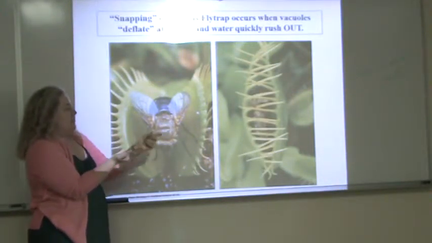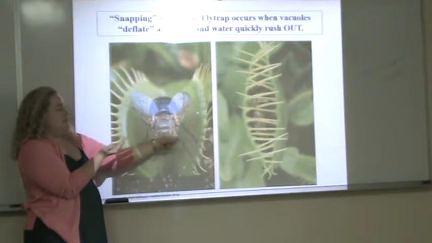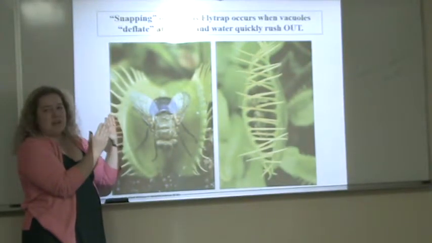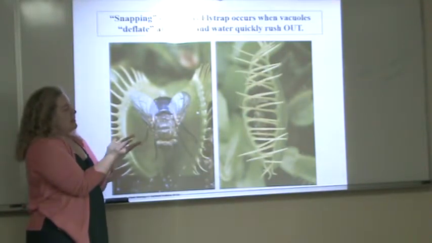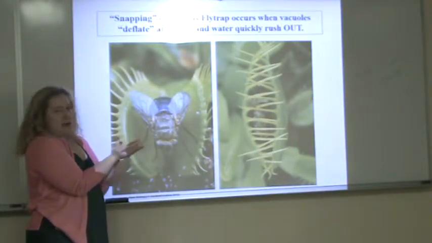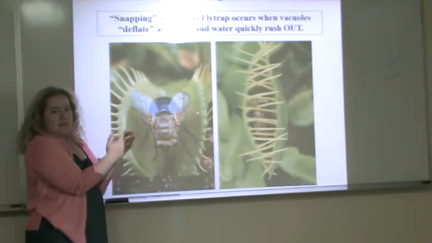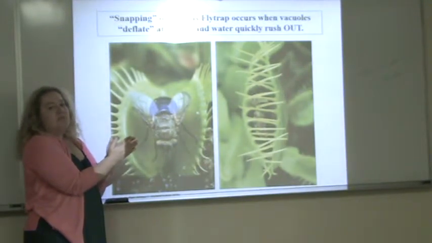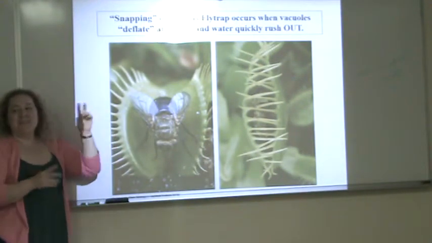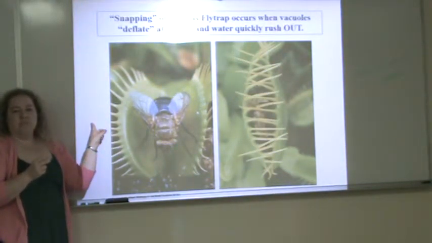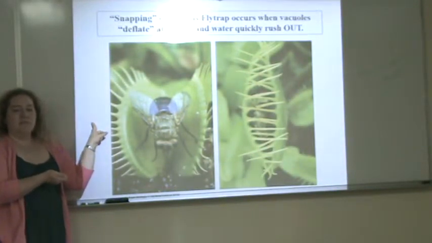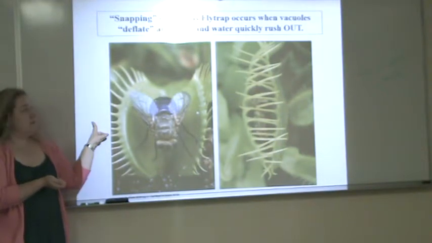When they get a signal from this fly stepping on 2 individual hairs within a certain time period, and you're going to read about that in a few weeks, they get a signal to make water go out of the vacuole, and it does, and it snaps on the fly. They're using water flow to provide that fast movement. Pretty much every fast movement that a plant makes is this water flow effect. Water comes in, water flows out. That's the main way that plants do a fast movement, which is cool.